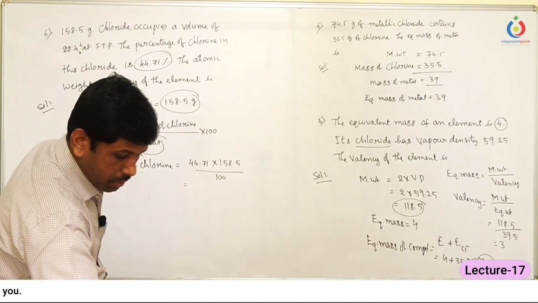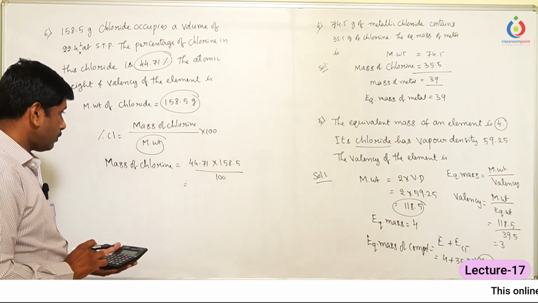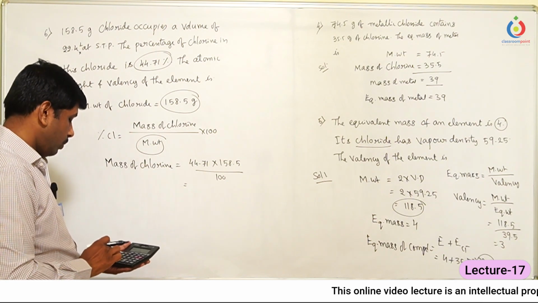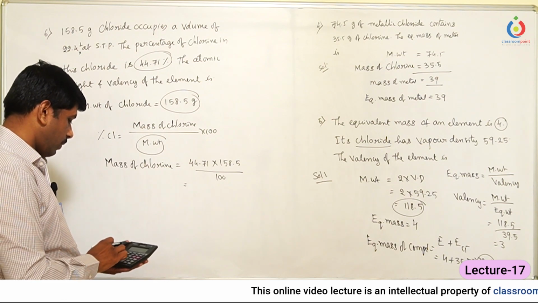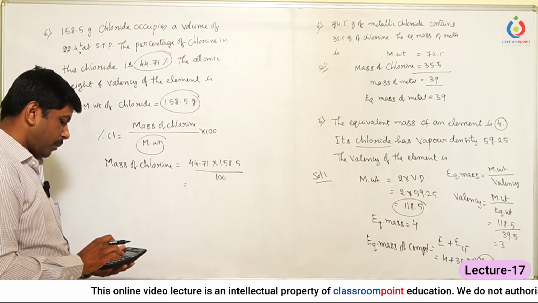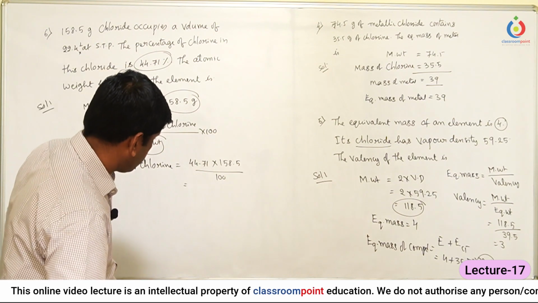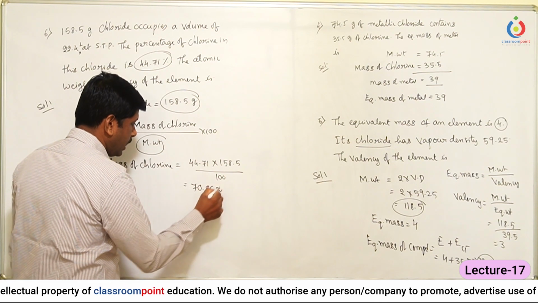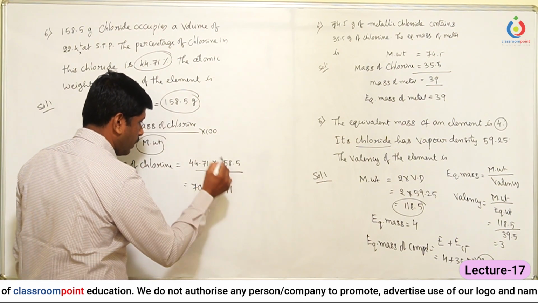So let us solve this. 44.71 into 158.5 divided by 100 equals 70.86. 70.86 means approximately 71.